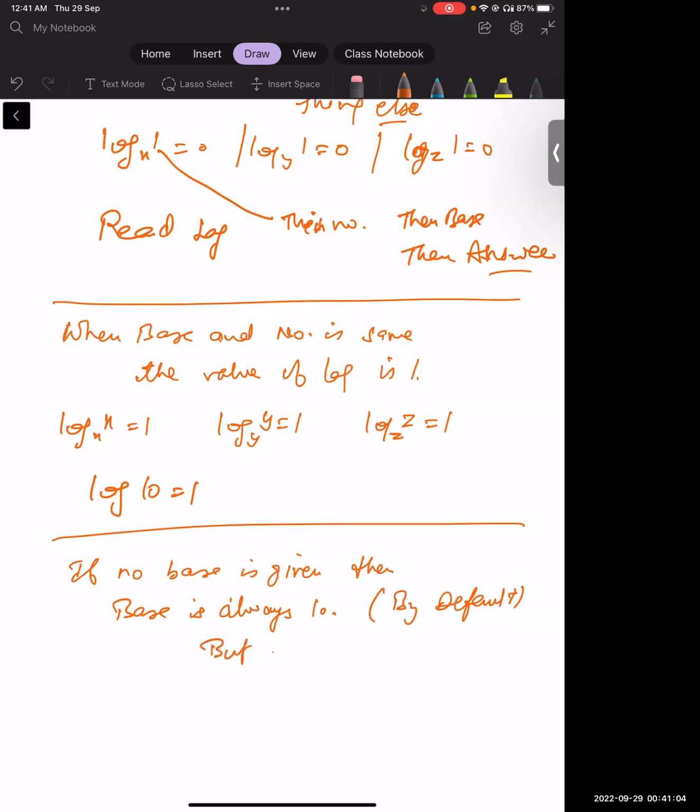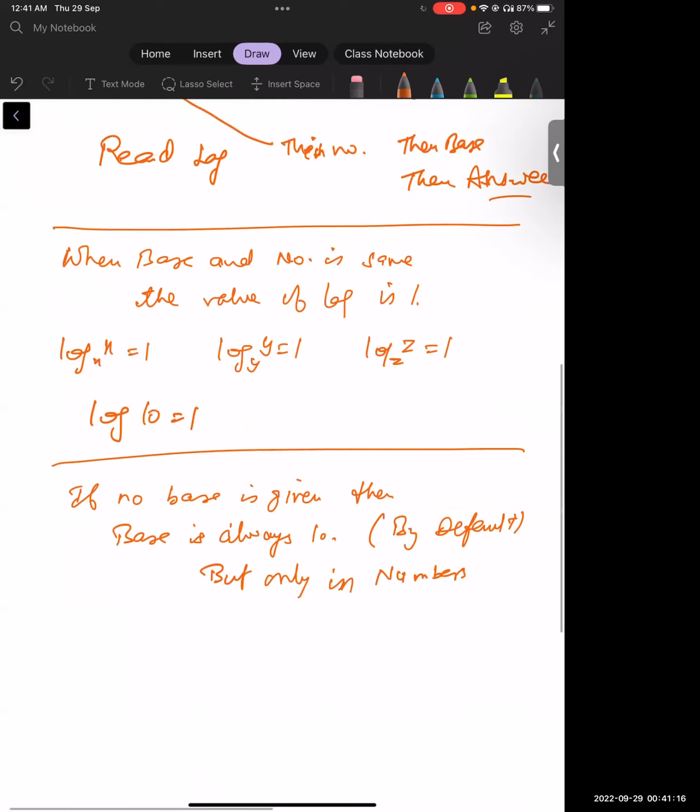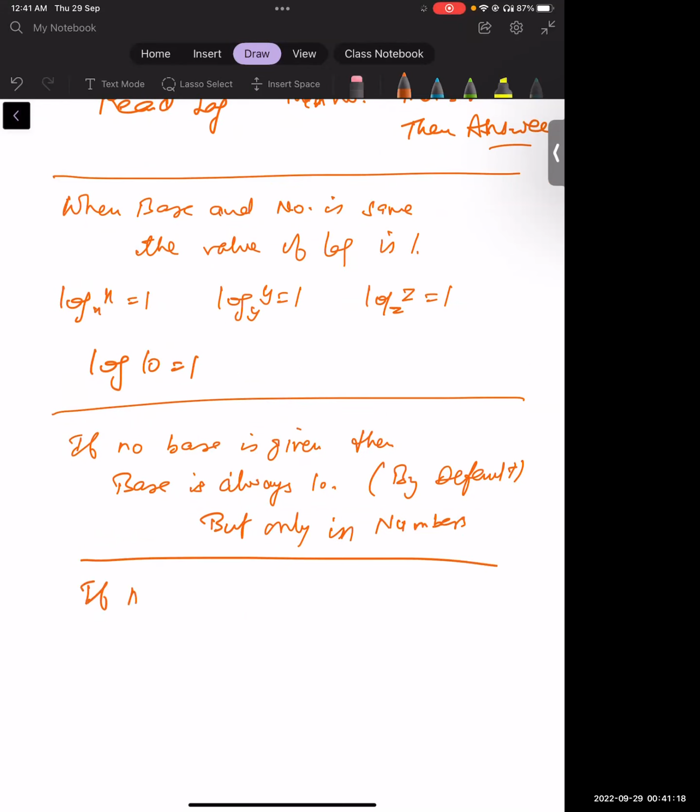But only in numbers. If no base is given in algebraic problems, then the base is e.